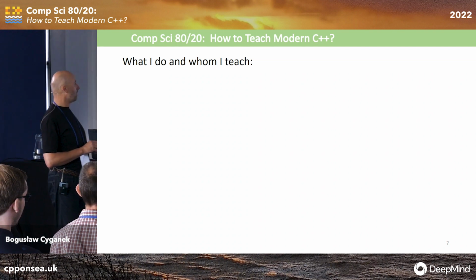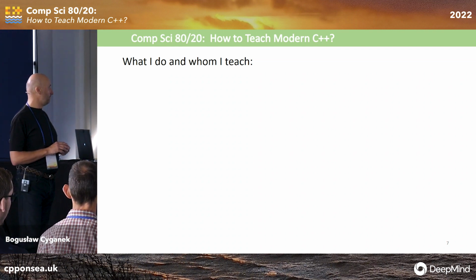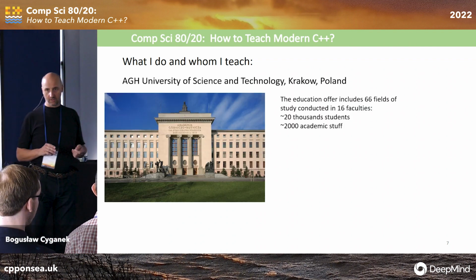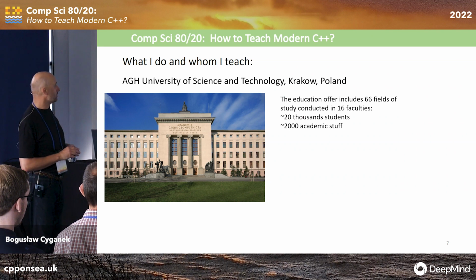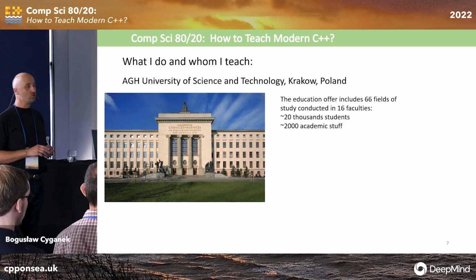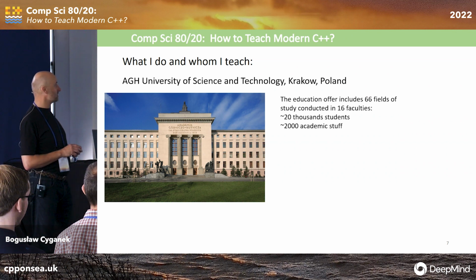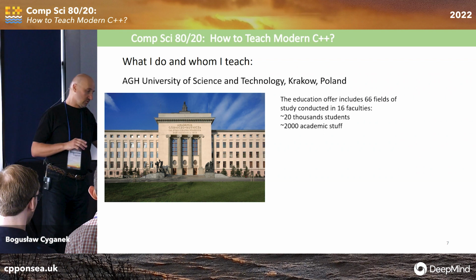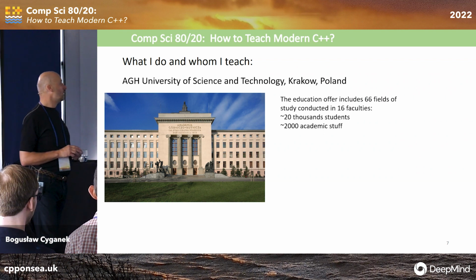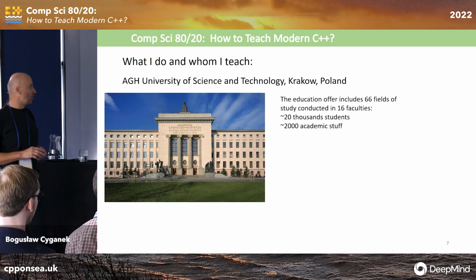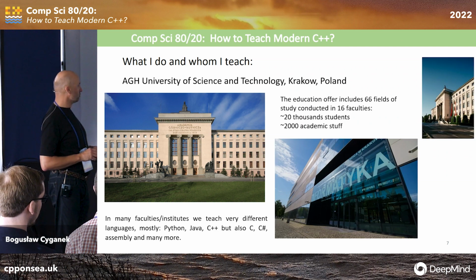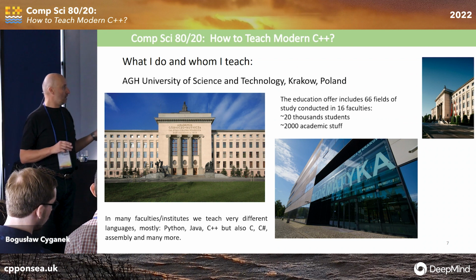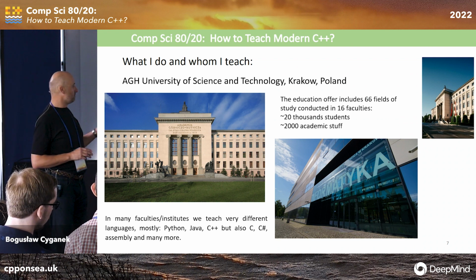What I do and whom I teach. I'm working at the university, mostly, in Kraków, in Poland. This is quite a huge university. It was science and technology, but it was mining and metallurgy, but gradually with the years we changed to modern technologies, and we have a lot of students and 16 faculties, and we teach informatics, computer science in many of them.